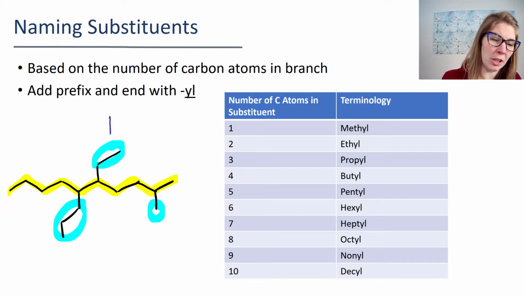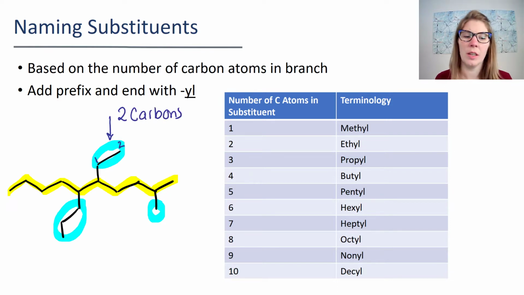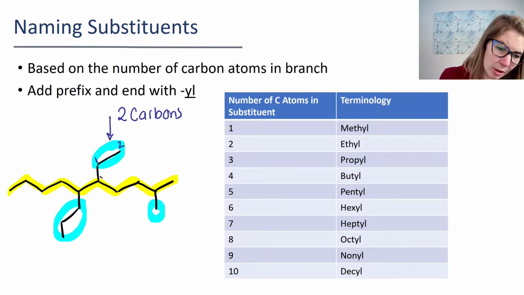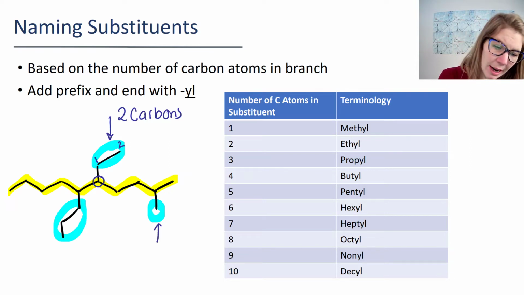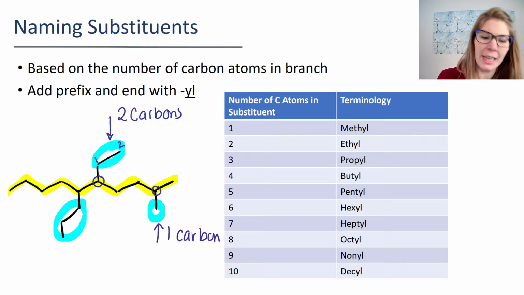Notice how this branch on top contains 2 carbons, 1 and 2. The carbon that it's attached to in the yellow, I'll circle right here, where it's attached, that's not part of the branch, that's part of the parent. So don't count that. This is a 2 carbon branch. Over here, you have a 1 carbon branch. Where I'm circling is where that branch is attached to the parent.